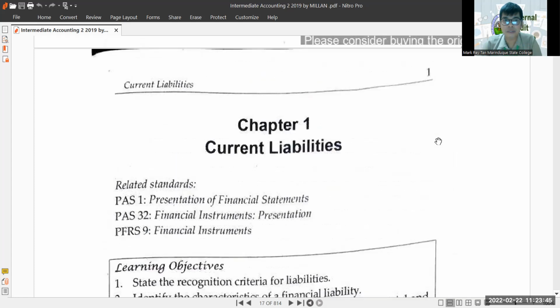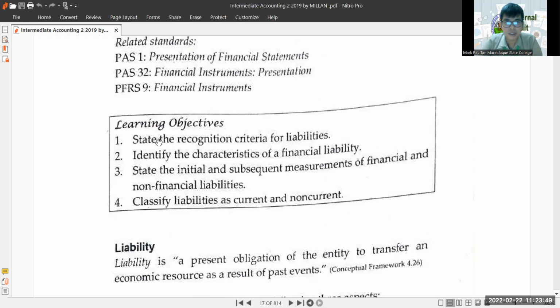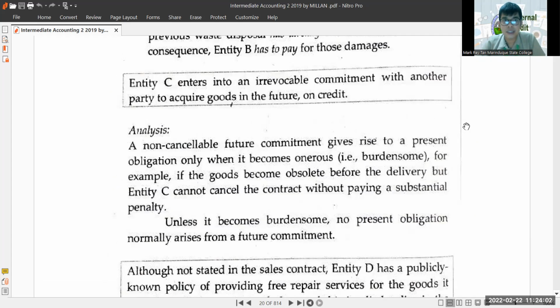Itong mahirap kapag PDF. Ito, learning objectives. Ang number 1 is state the recognition criteria. So yung diniscuss natin ng ilang minuto na, wala pa tayong na-hit na learning objectives. So let's start. Discuss na natin yung recognition criteria.